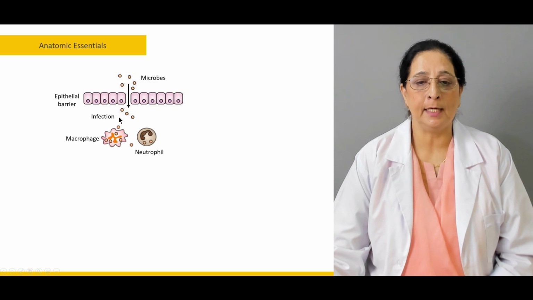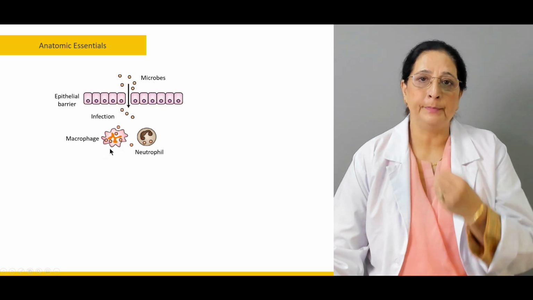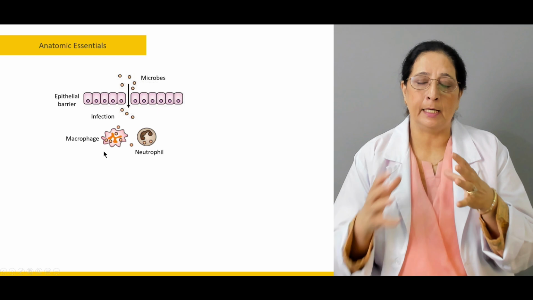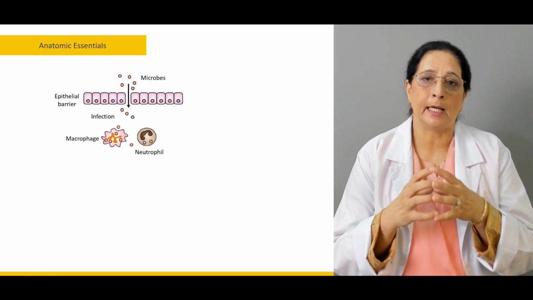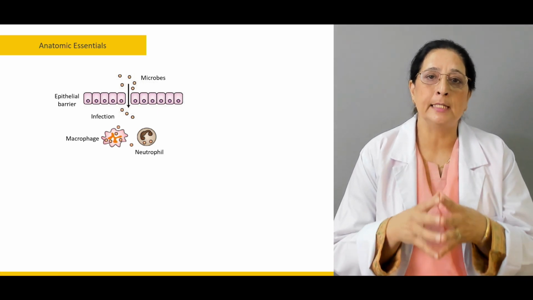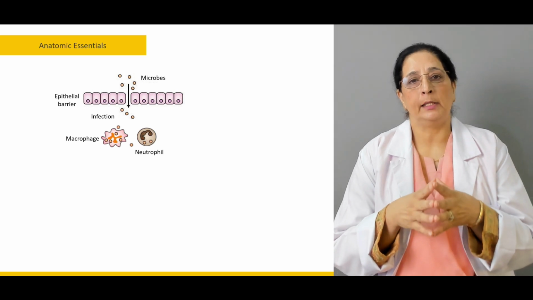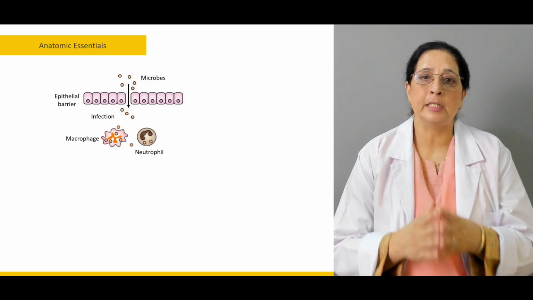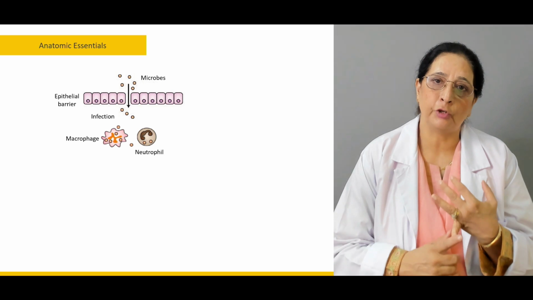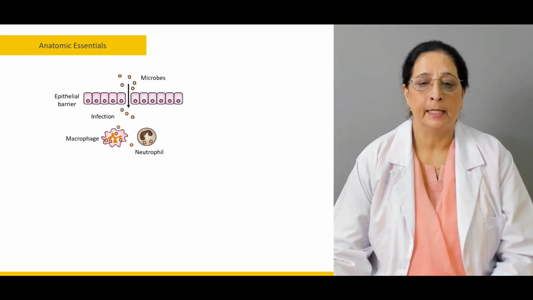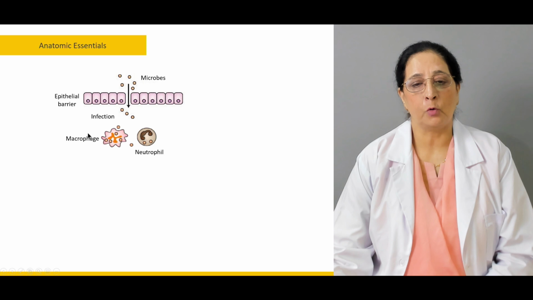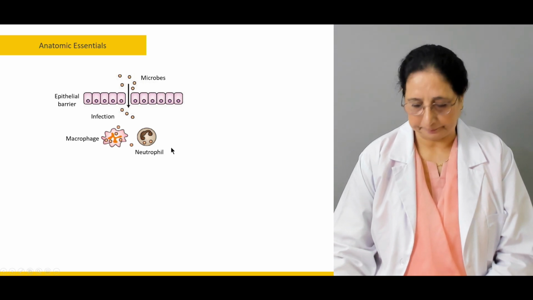You can see they entrap the microbes, take the microbes inside, phagocytize them and destroy them. So these are the phagocytic cells, neutrophils and macrophages. They take the microbes and destroy them.